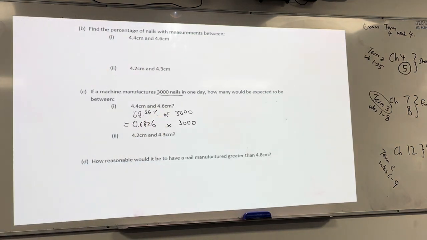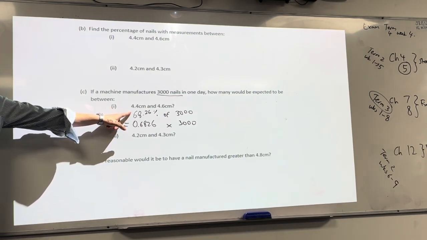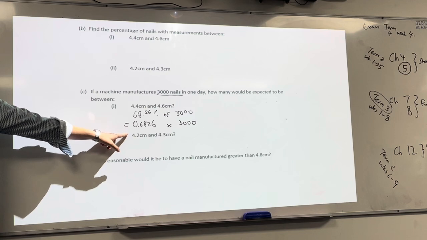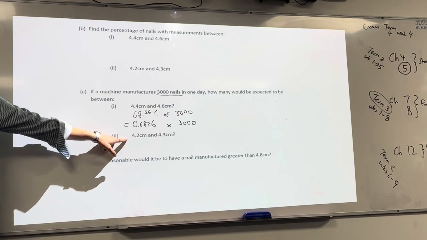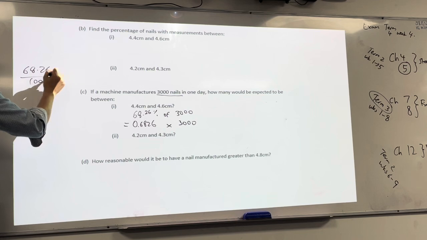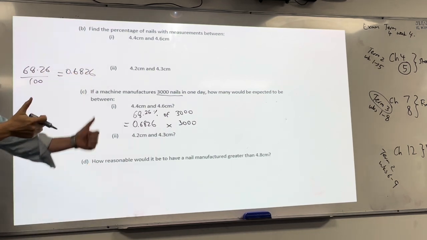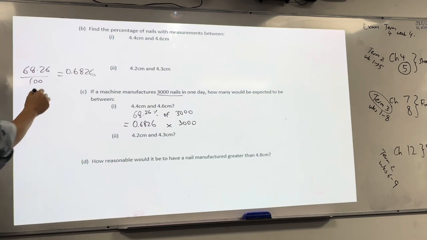A decimal, right? 68.26% is 0.6826. How did I convert my percentage into a decimal? Divide by 100. You move the decimal spot 2 spots to the left.